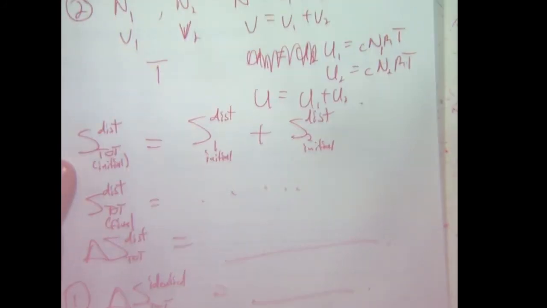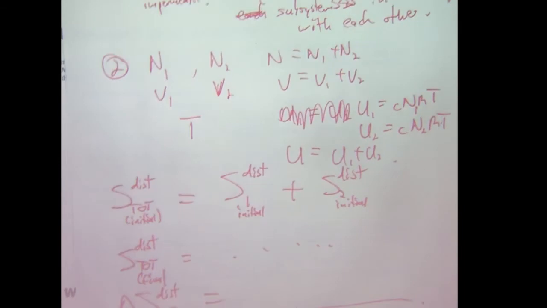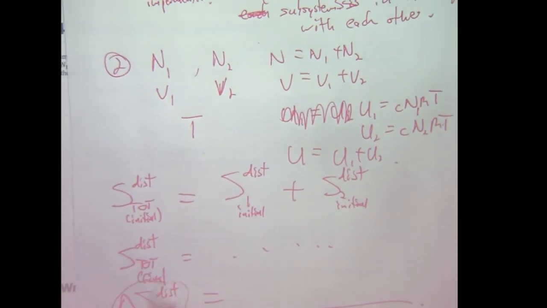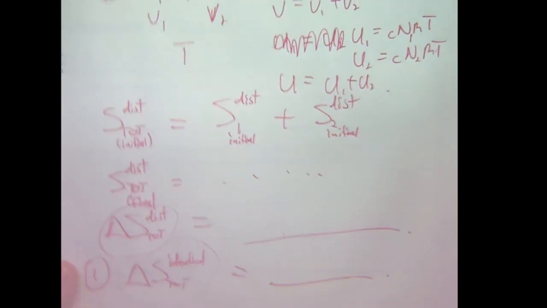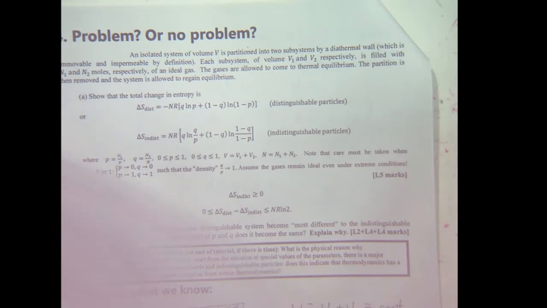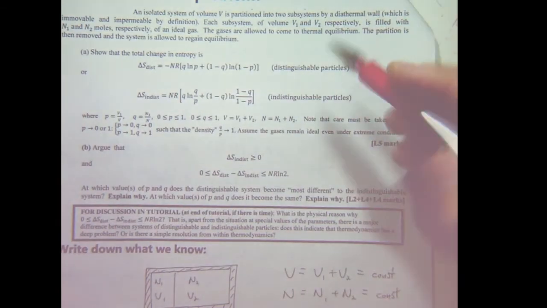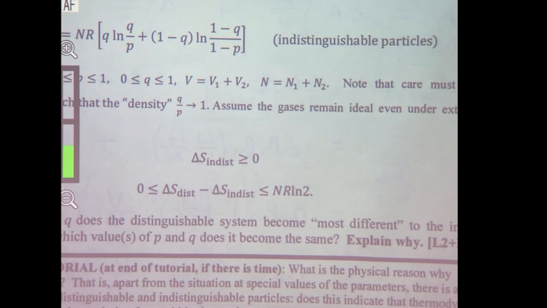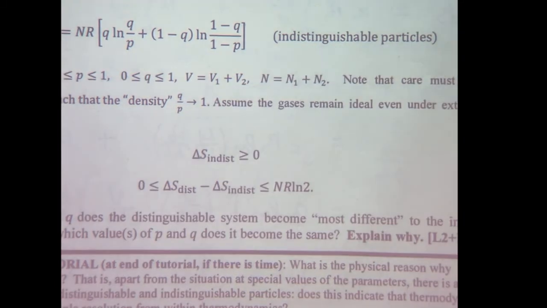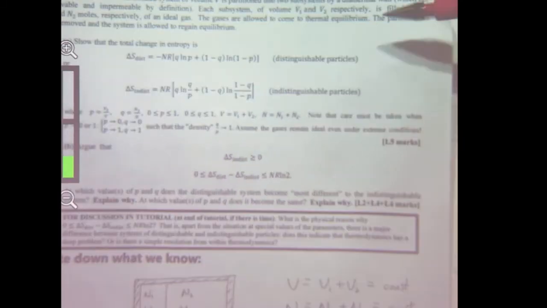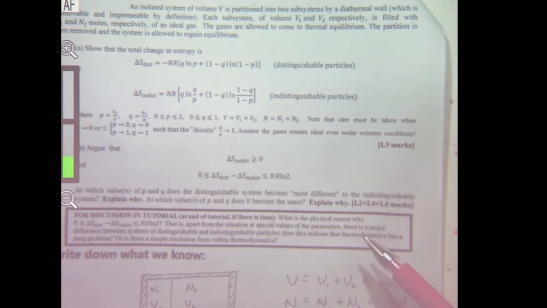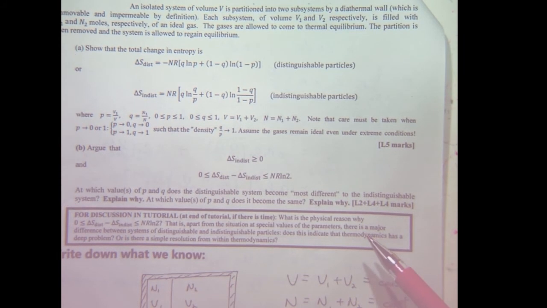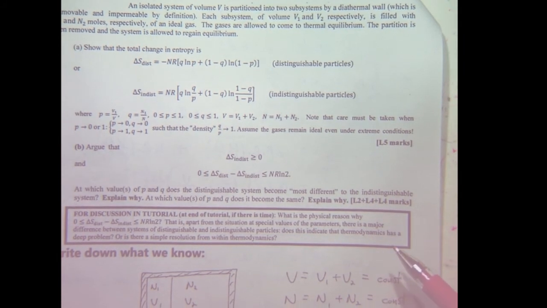And we want to compare these two. And what you will find is that this is from an assignment question from last year, which will certainly appear this year, either in next week's assignment or the one after. I'm not sure yet.